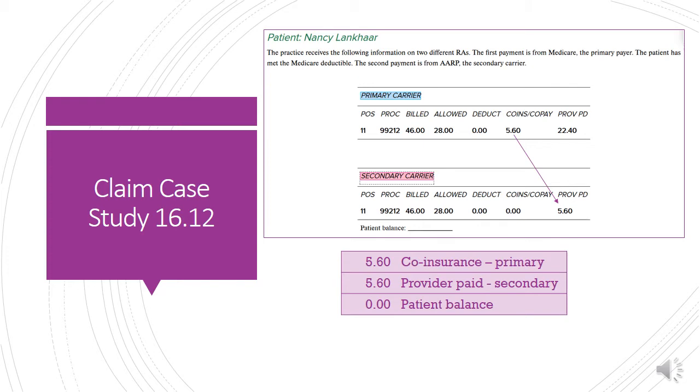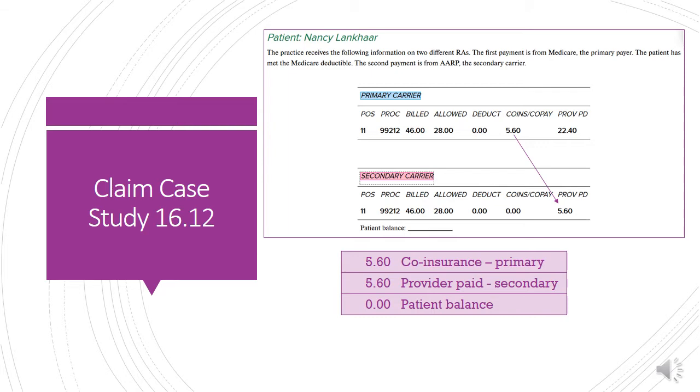For case 16.12, the practice receives the following information on two different RAs. The first payment is from Medicare, the primary payer. The patient has met the Medicare deductible. The second payment is from AARP, the secondary carrier. This patient has two insurance carriers, Medicare and AARP.